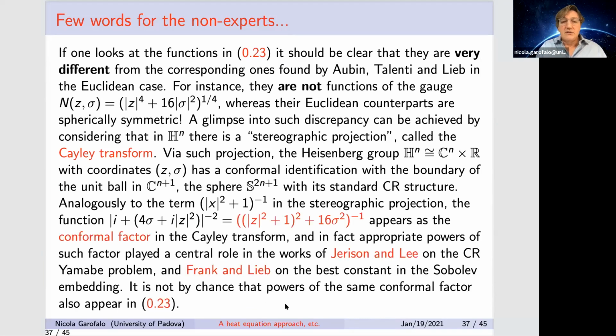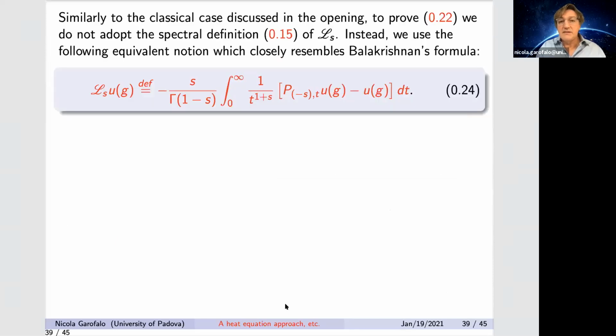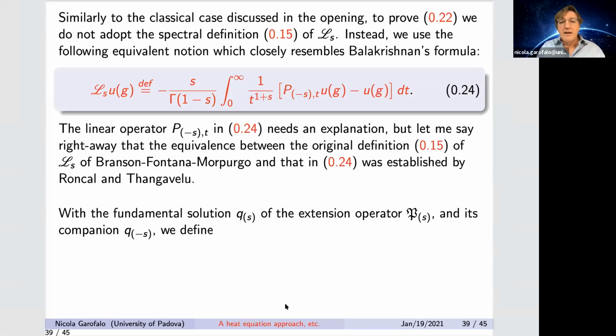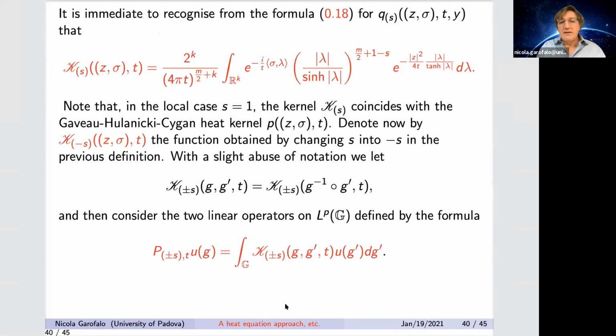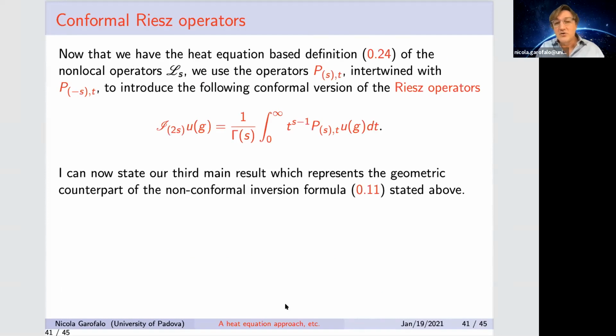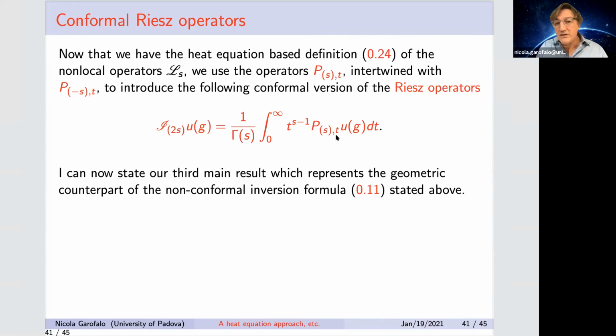All right, so I will skip this and skip this, and let me quickly jump to the conclusion of my talk. So we are able to construct, using a different approach, the intertwined operator.